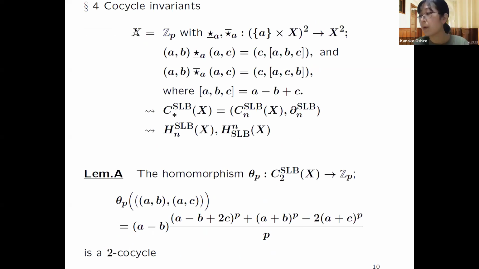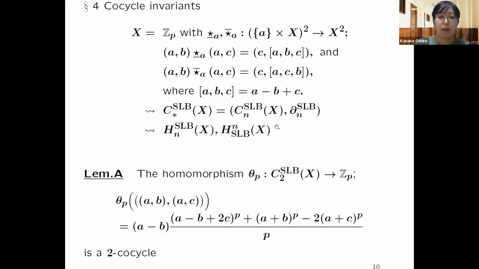Next, I'd like to explain about the cocycle invariant. First, when we have Z_p and these maps, we can define symmetric local biquandle homology groups and cohomology groups.